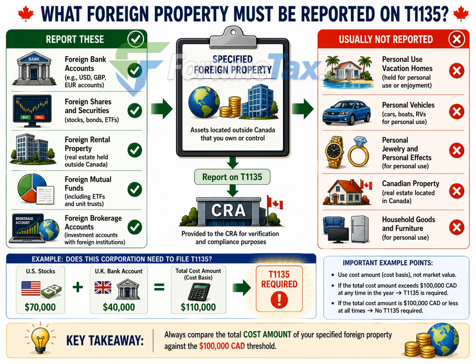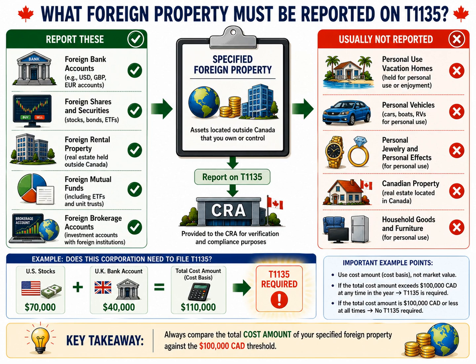Now that we understand what T1135 is and when it must be filed, let's look at the types of foreign property that need to be reported. The key term to remember is specified foreign property. This refers to certain investments and assets located outside Canada that are owned by a Canadian taxpayer.